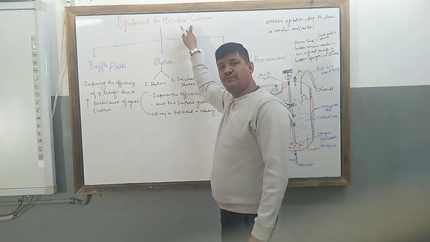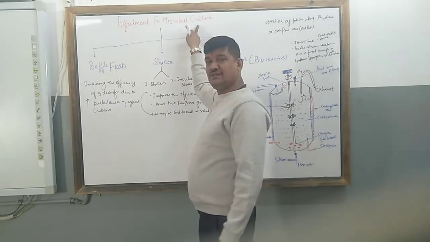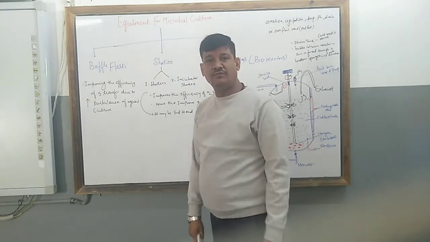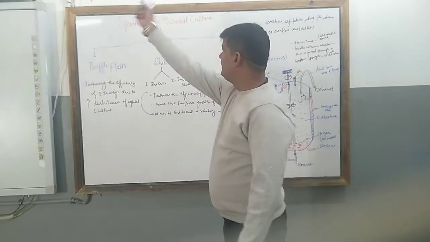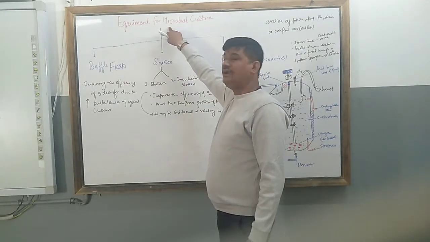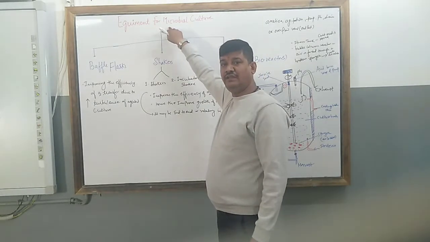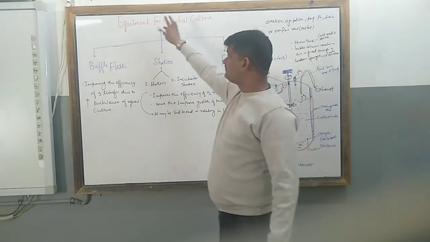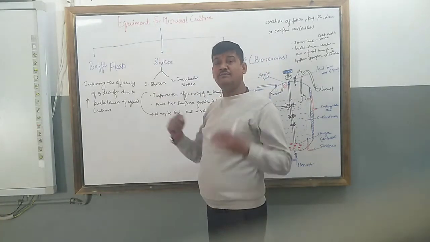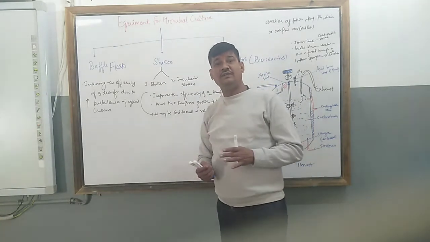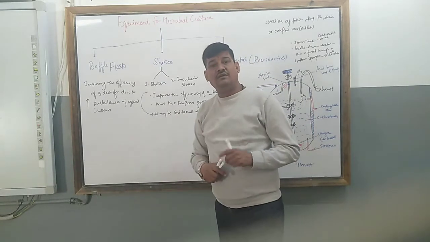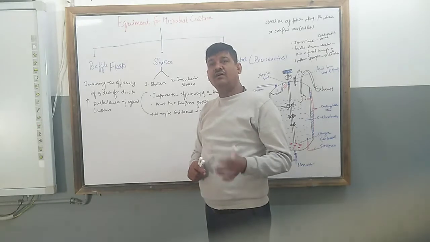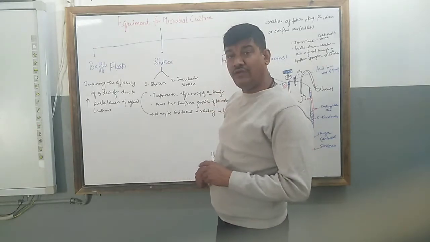Again, I would like to focus on microbial culture, meaning culturing of microorganisms like bacteria, fungi, yeast, and blue green algae, etc. Before going to that, we must know what kind of equipment is essential for culturing cells of a bacteria or any other microorganism.